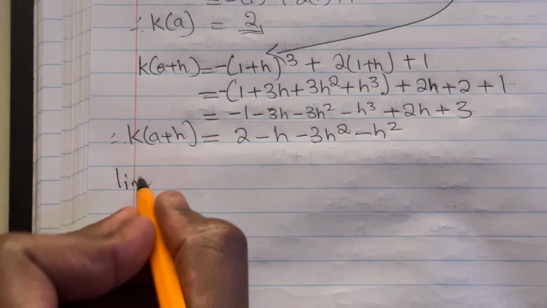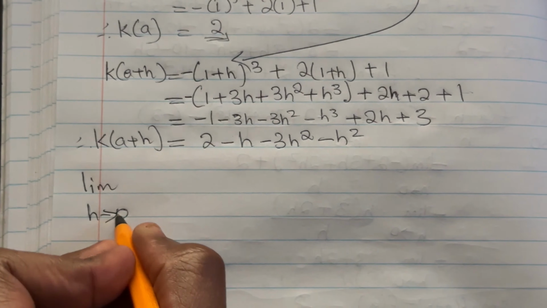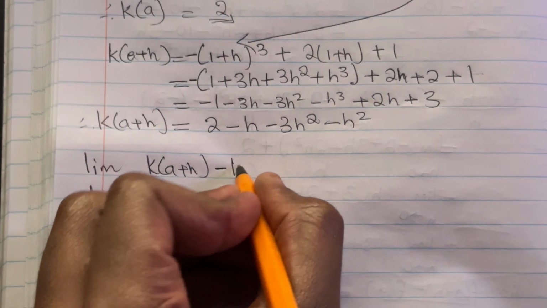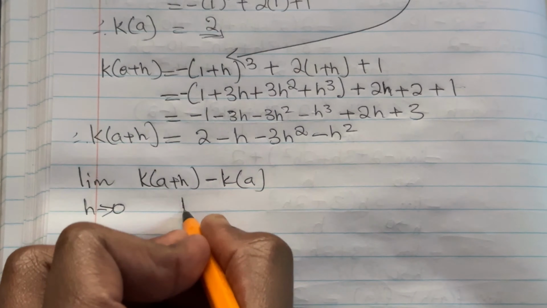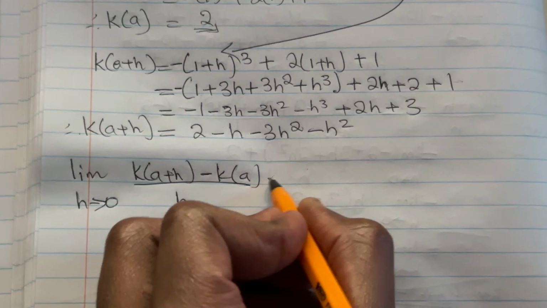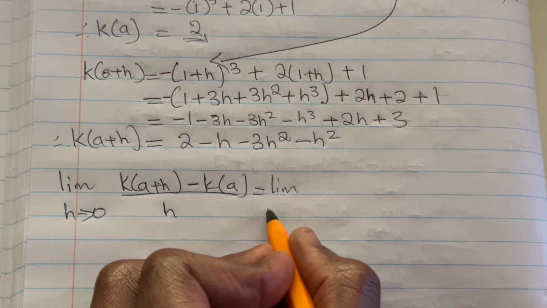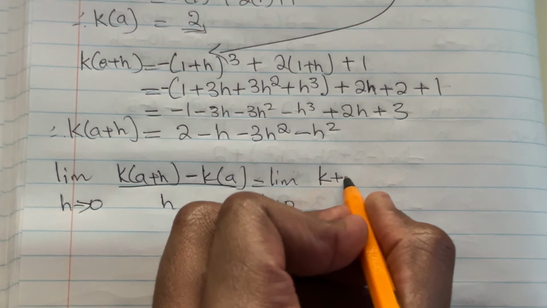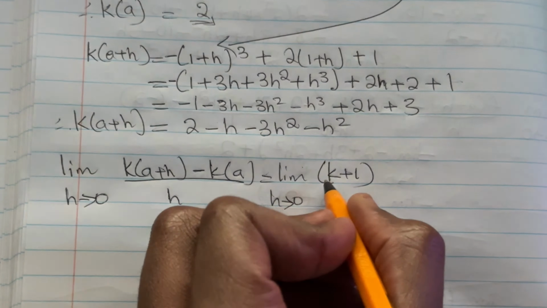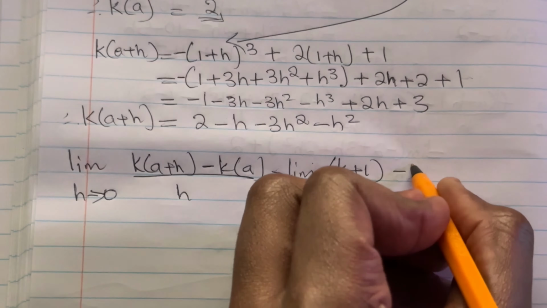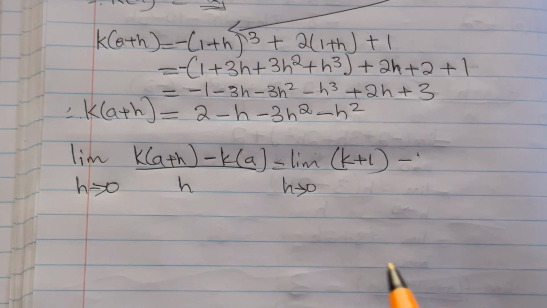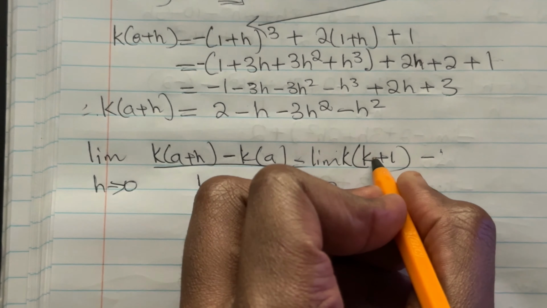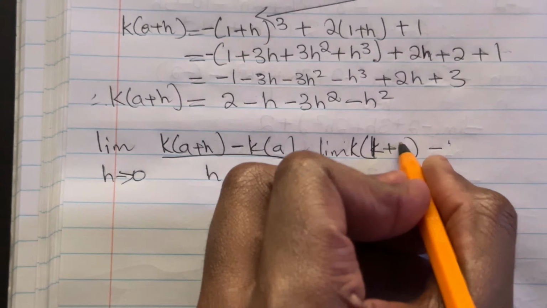So it's going to be the limit h approaches 0 of k at a plus h minus k at a, divided by h. Remember to write the limit every time when you solve, h approaches 0. Then it's k at, wait, it has to be k, remember the formula, k at 1 plus h.